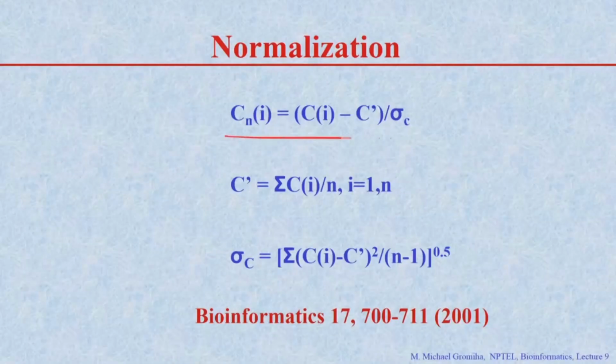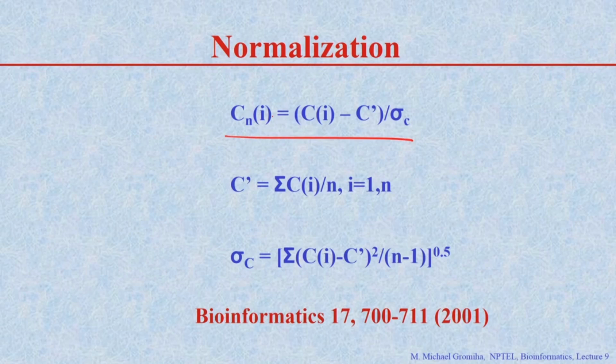Now you can normalize these numbers, because here we get a maximum of 0 and some minimum number. We can normalize using the equation: the normalized score for position I equals C of I, the conservation score of a particular position, minus the mean of C, that is C prime, which is the summation of C of I divided by n, for I equal to 1 to n, the number of sequences aligned in this position, and divided by sigma.